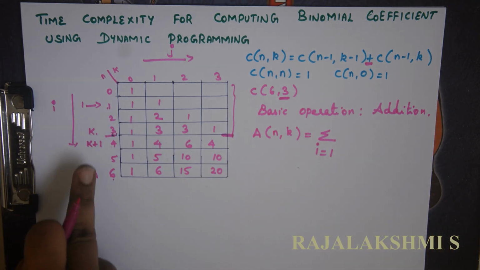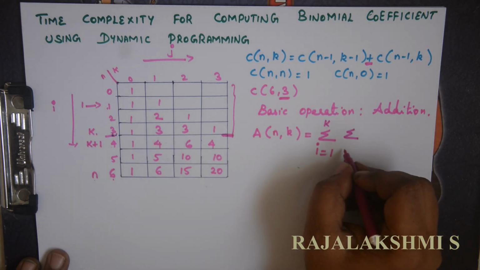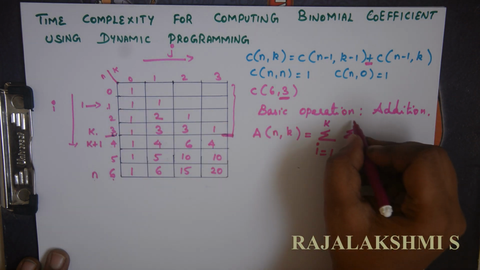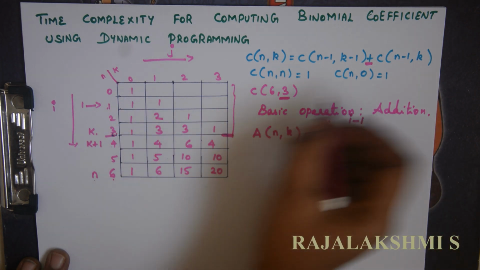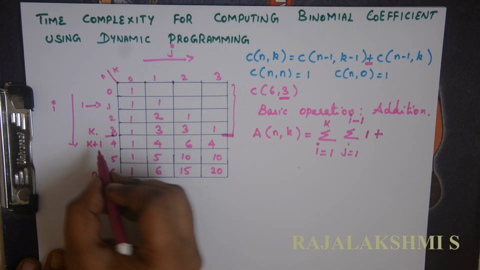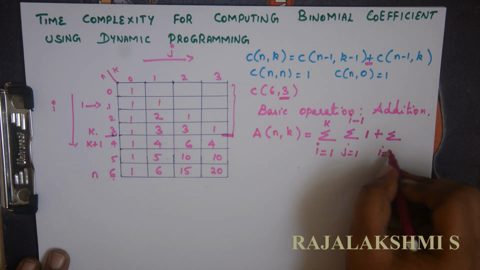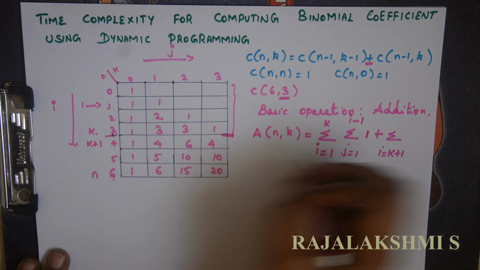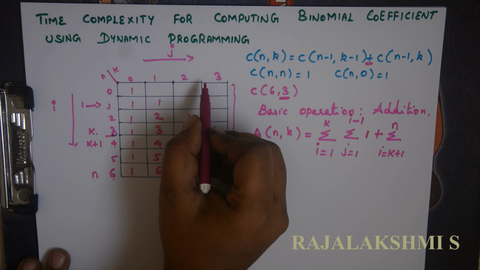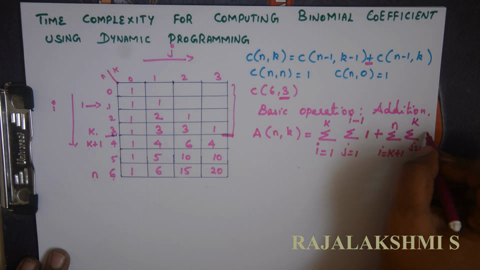One is i is equal to 1 to k, and summation j is equal to 1 to i minus 1, where one time we are computing the addition operation, so it is 1. The other is i is equal to k plus 1 to n, and j varies from 1 to k, it is 1.